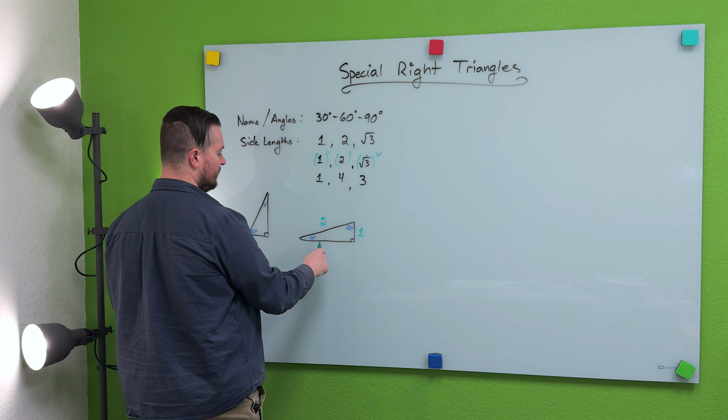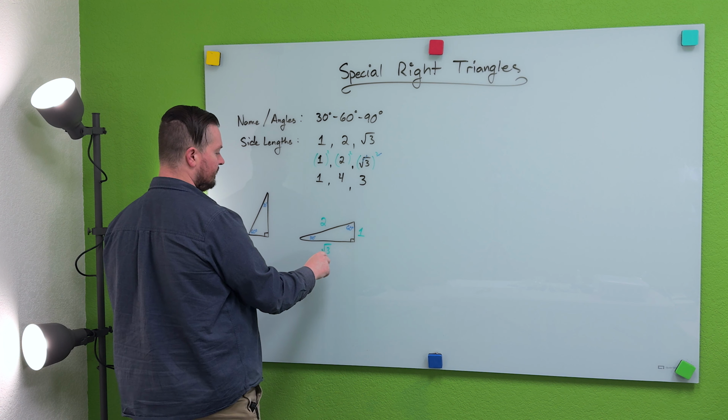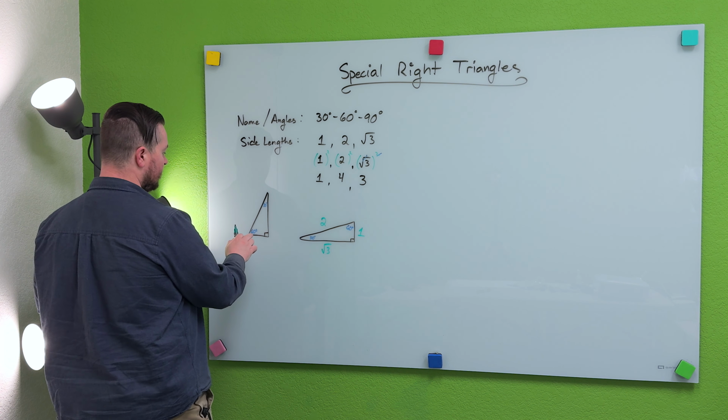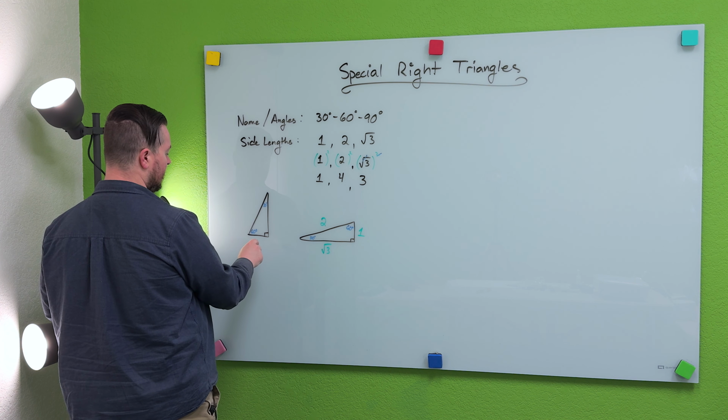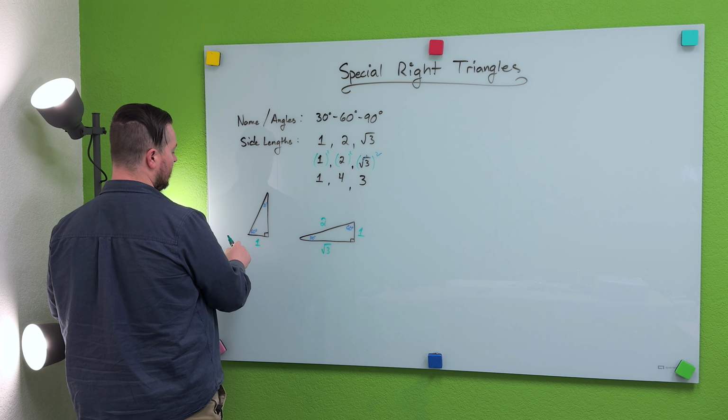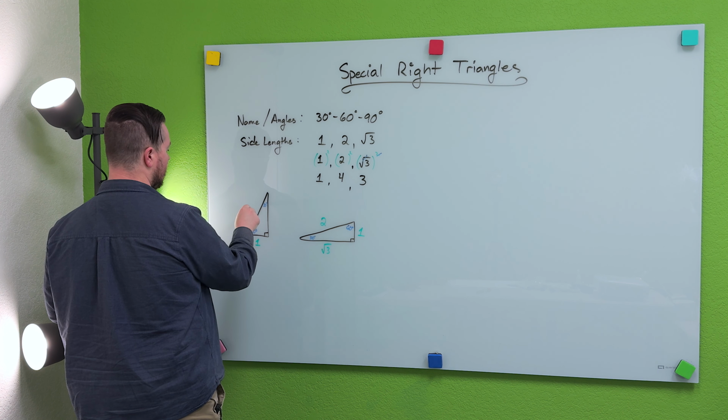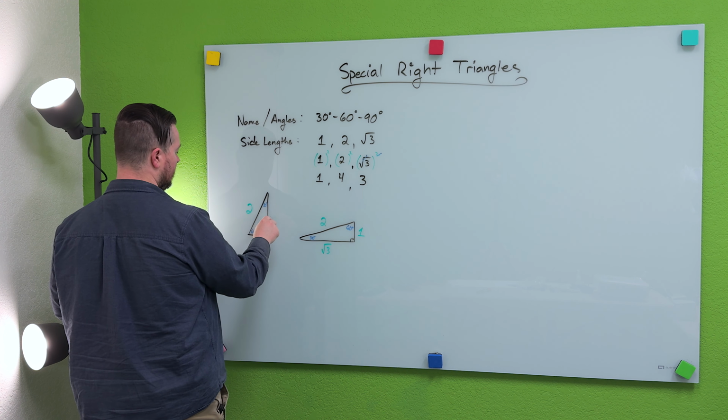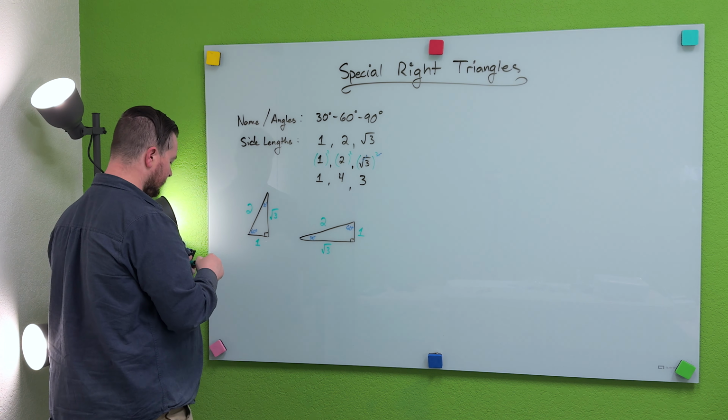And the middle angle, middle side, square root of 3. Over here, same thing. Across from the smallest angle, we have the smallest side, which is 1. Across from the largest angle is the largest side, 2. Then we have square root of 3.